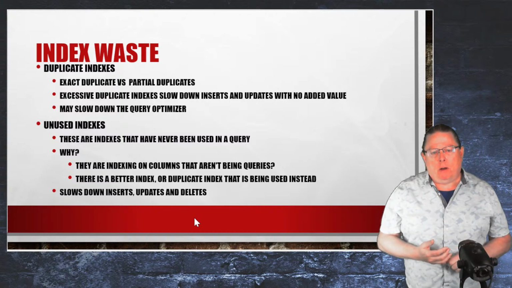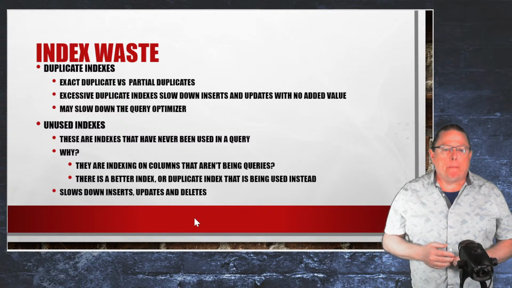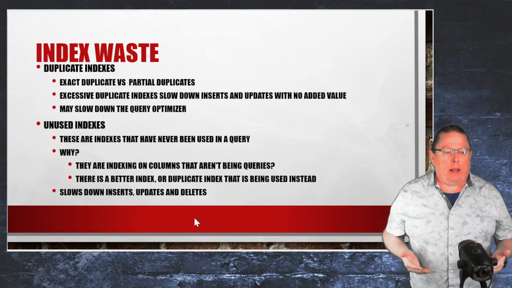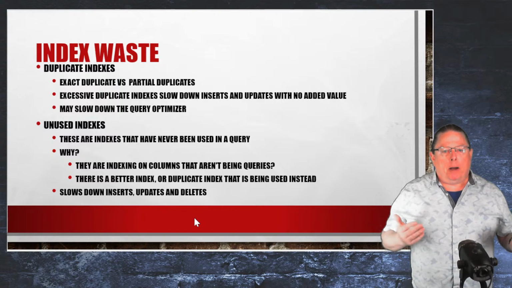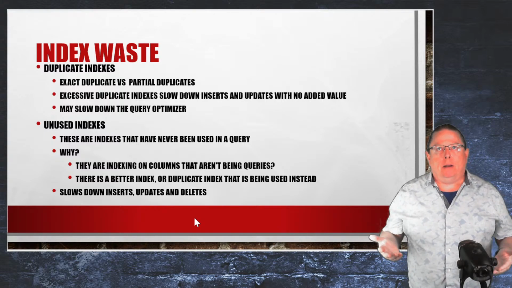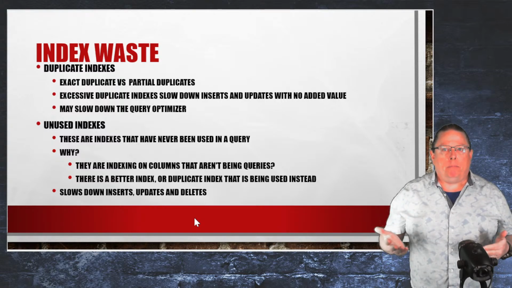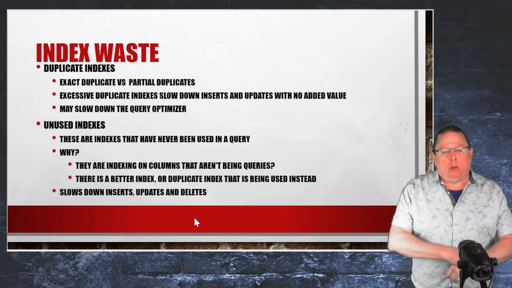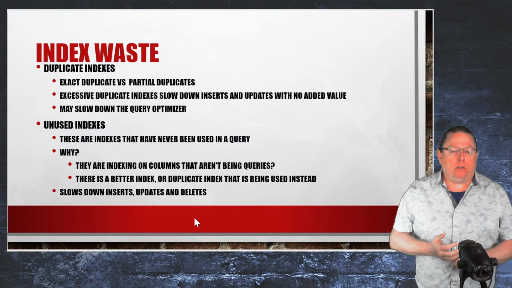And the thing is, if you have excessive duplicate indexes, each one of those indexes gives the query optimizer more choices on how it's going to analyze data. But if you have duplicate indexes, you're giving the query optimizer different choices that really mean the same thing, and it may slow down the query optimizer on how long it takes to figure out the plan of how your query is going to be run.